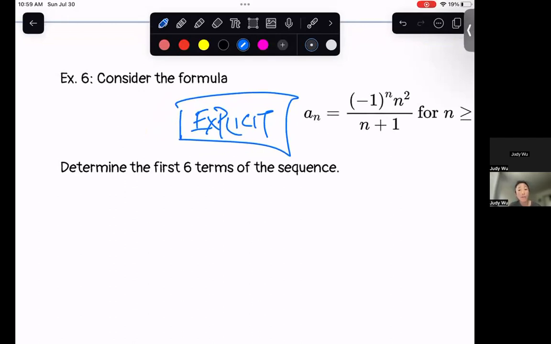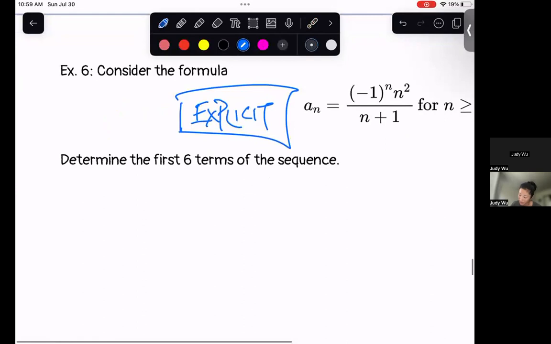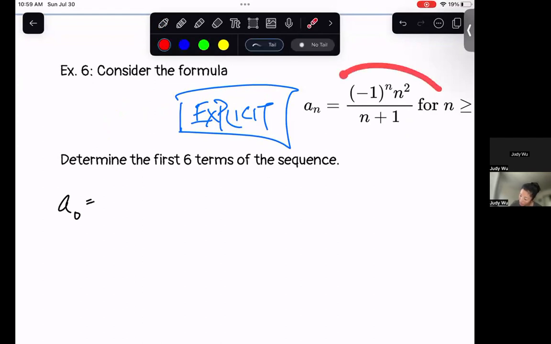Do we start with 1 or 0? This will always tell us. So in this case, I need to start with a sub 0. And all I'm going to do is grab this formula. Everywhere that I see an n, I'm going to replace it with 0.